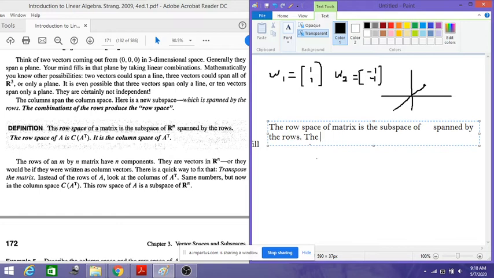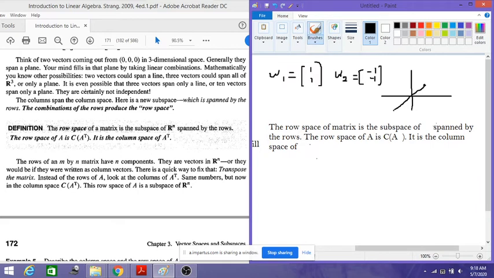So the row space of A is the column space of A transpose. So this is R power n here, and this is the transpose of A.